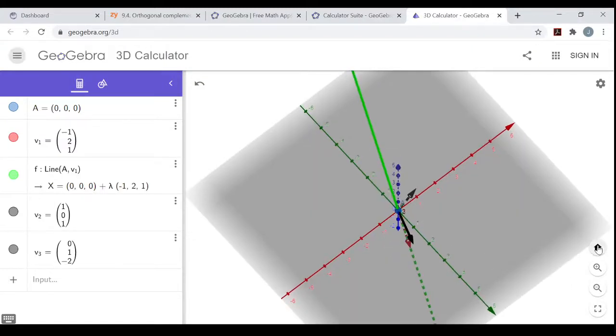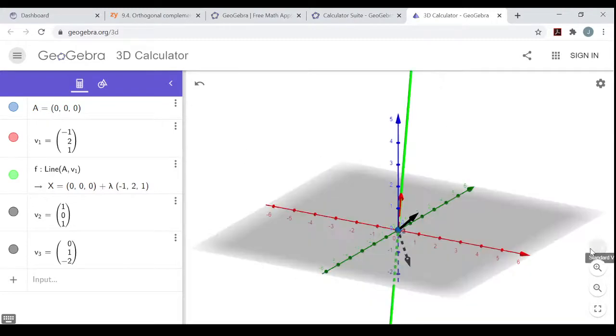Maybe go back to the main view. All right. So you see the red vector, these two black vectors, pointing in 3 different directions, right? Form a basis for our 3. And then let me put up the span of those 2 vectors. Remember, the span of 2 vectors was a plane.